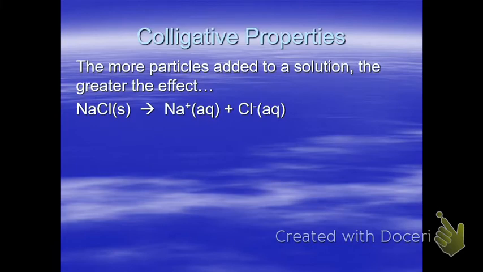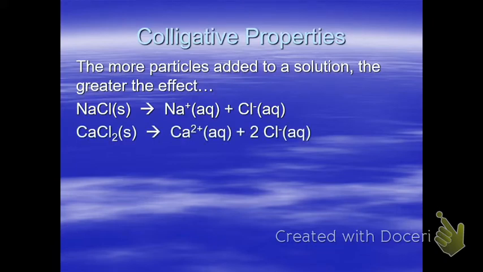These are the ions that will be created when the dissolving process takes place. So sodium chloride produces 2 ions. Calcium chloride, on the other hand, look at this balanced equation. How many ions are on the product side? 1 calcium and 2 chlorides.